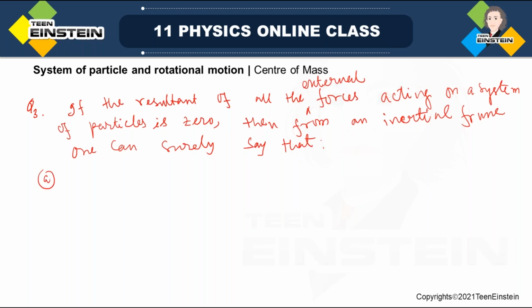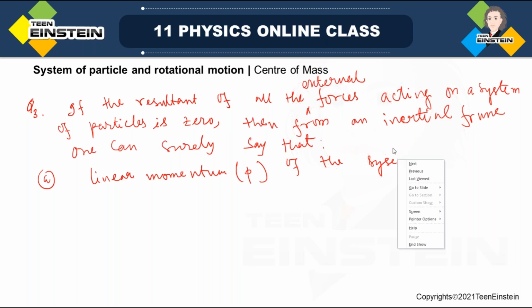First one is linear momentum of the system doesn't change. I'm writing in short, linear momentum, that is P of the system, does not change.